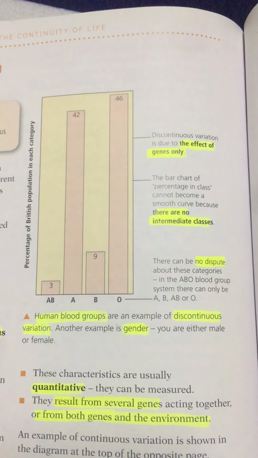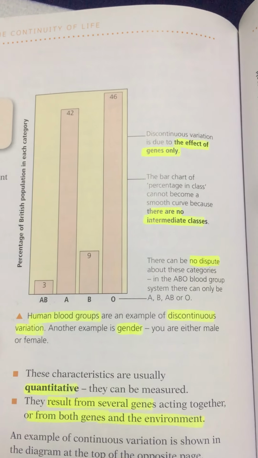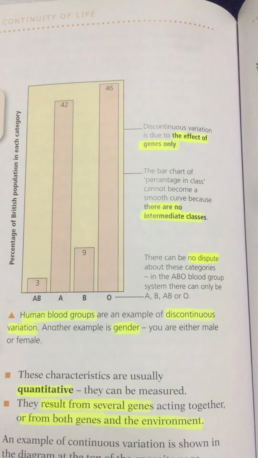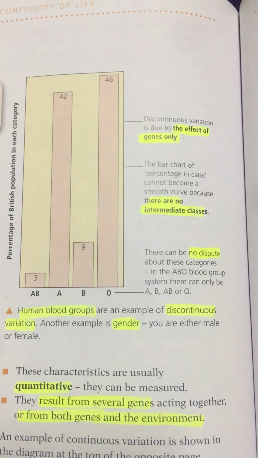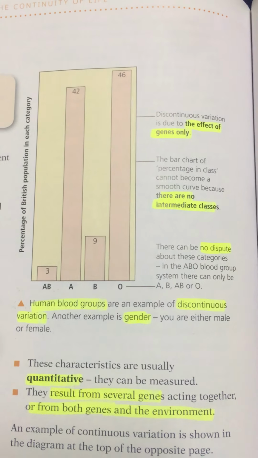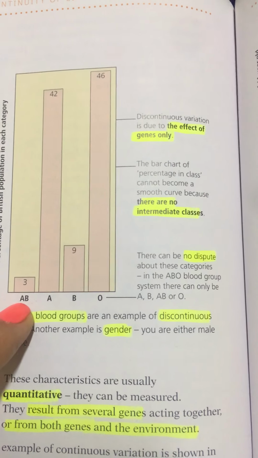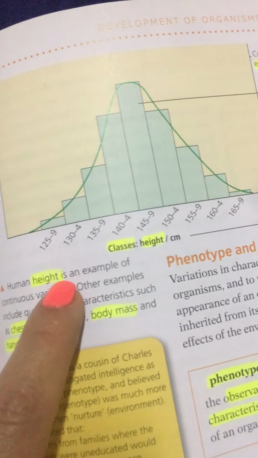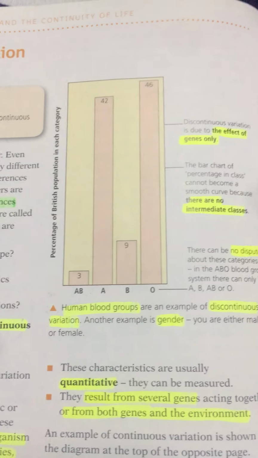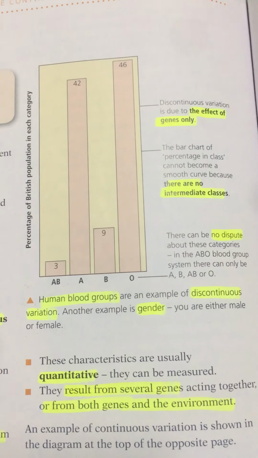And also there can be no dispute about these categories. Dispute means here we don't have boundaries, we don't have range. For example, for column AB we don't have a range, but here, for example, we have ranges. So for discontinuous variation we don't have dispute.